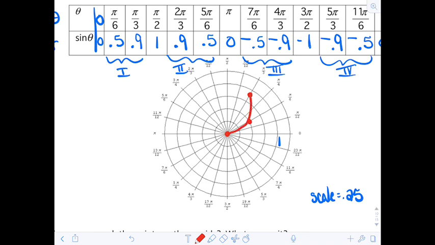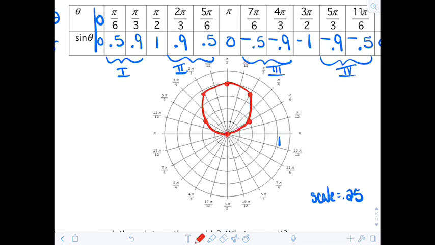So we're kind of going like this. Pi over 2, 1. 2 pi over 3, 0.9. 5 pi over 6, 0.5. And pi is back at 0. And once again, we've completed this circle.